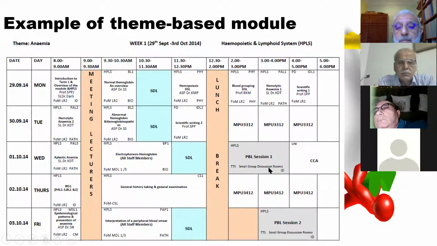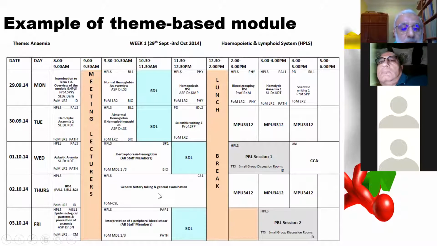And then the PBL sessions are also based on the same theme, and even the practicals, the interpretation of peripheral blood smear, would be on the same area, and even epidemiology would be looking at anemia. So if we have a theme, we can bring all the relevant disciplines within that theme, and that would be a very good example of integration.